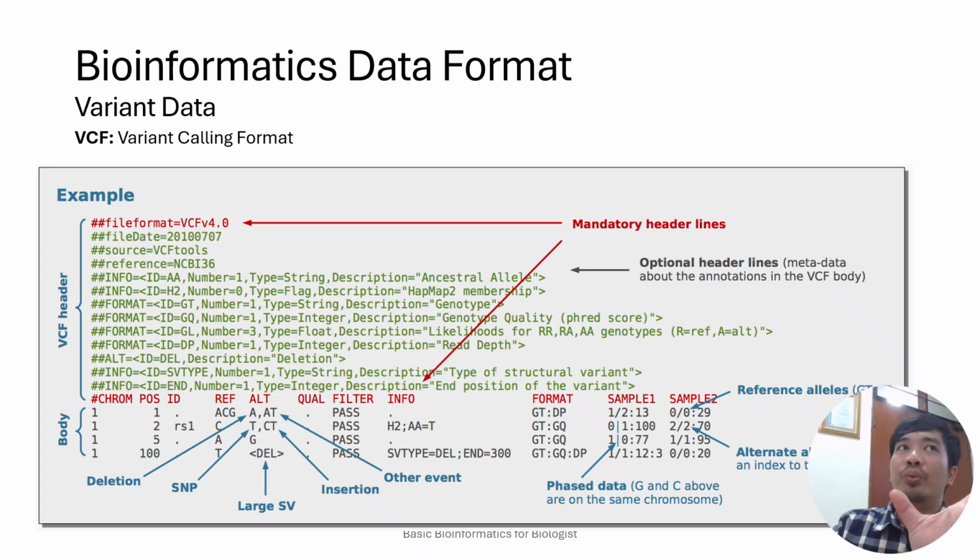Usually we trim because the lower quality is always on the flank region, on the edge. The 5' edge and 3' edge are always low. It's the nature of the sequencing machine. Basically we trim the sequence and we also remove the adapter. The adapter sequence is conserved. We know the adapter from the sequence.